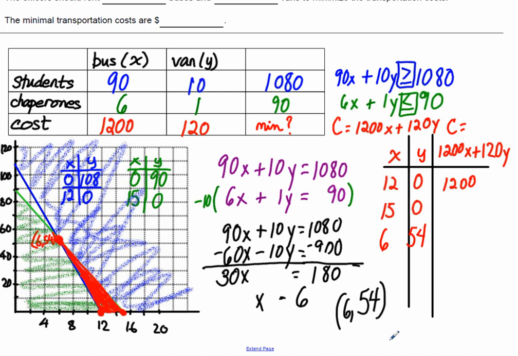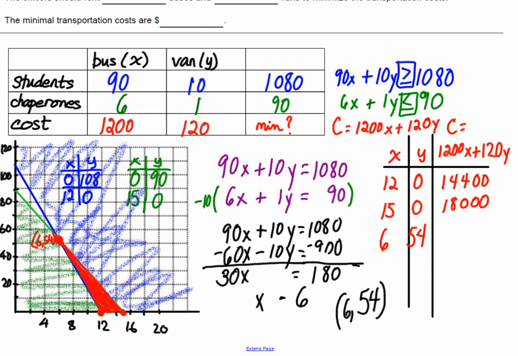Looking at the ordered pair 12, 0, we would have 1200 times 12, which would be 14,400. So due to space, I'm going to erase that. If I fill in 15 times 1,200 and then plus 0, I get 18,000.